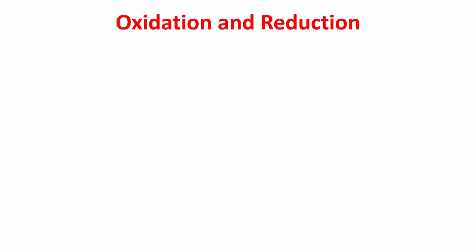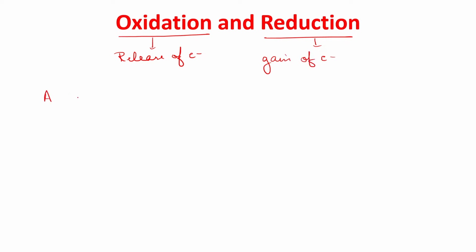Coming to the basic terms, oxidation and reduction. Oxidation is basically the release of electrons, and reduction is the gain of electrons. Let's say A gains an electron and forms A minus. The process of gain of electrons is called reduction.